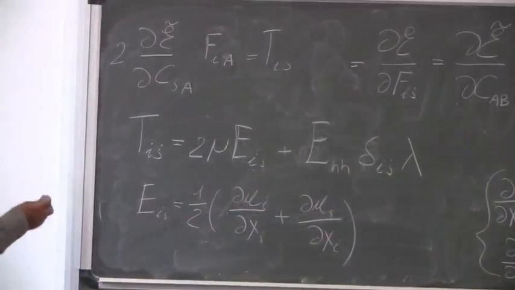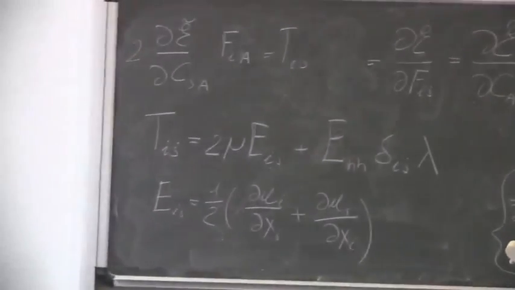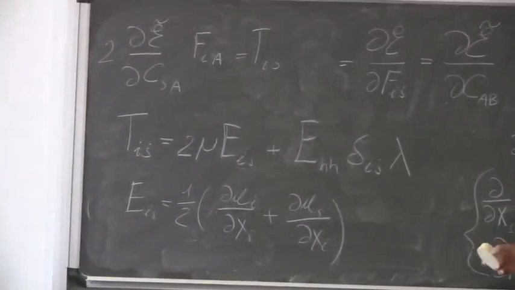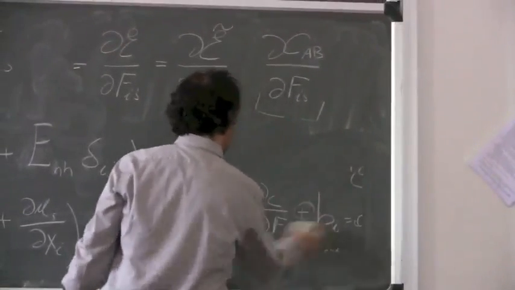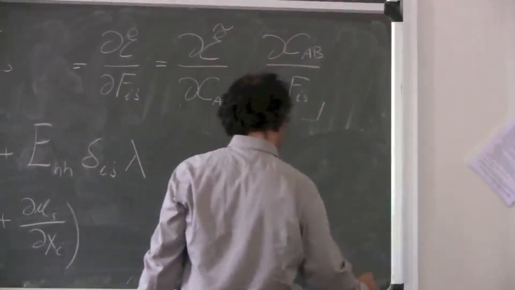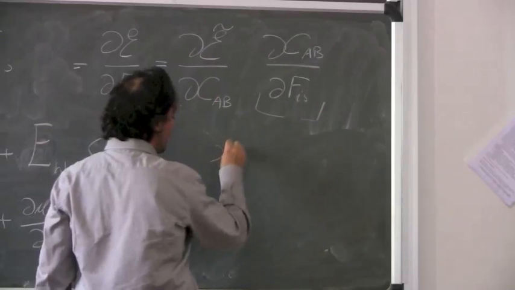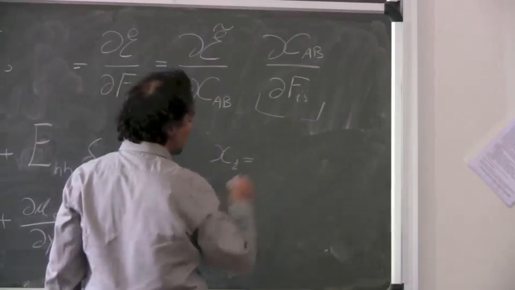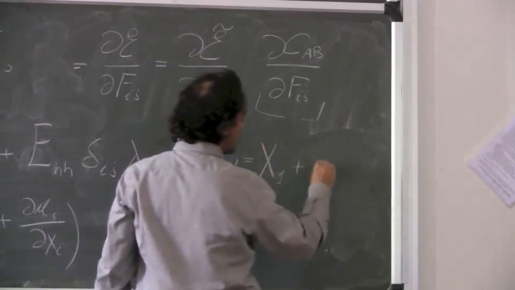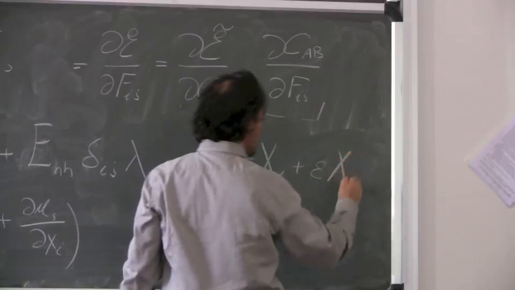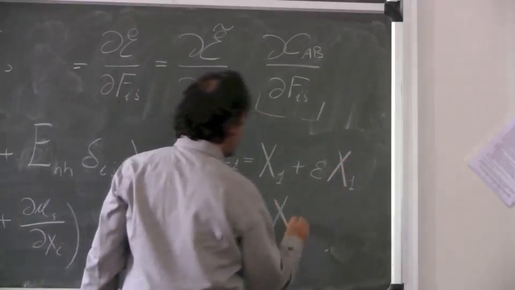Let us now have an example, in the same way we did when I came here this time yesterday. For example, if I have x1 equal to capital X1 plus epsilon x1, and x2 equal to capital X2.